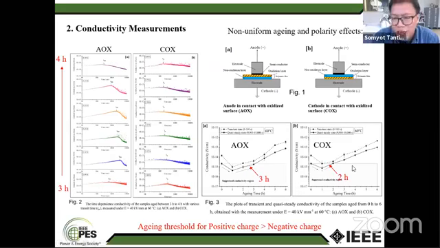That means if you have negative polarity used in the cable system, this becomes worse than positive injection. So it can be summarized that the aging threshold for positive charge is higher than for negative charge.